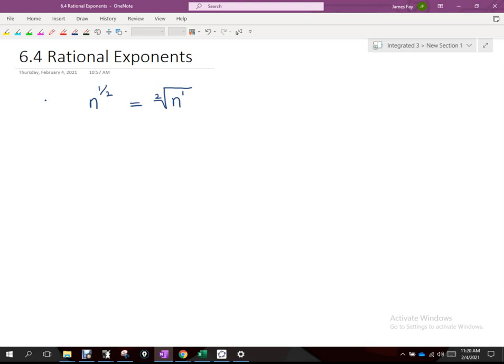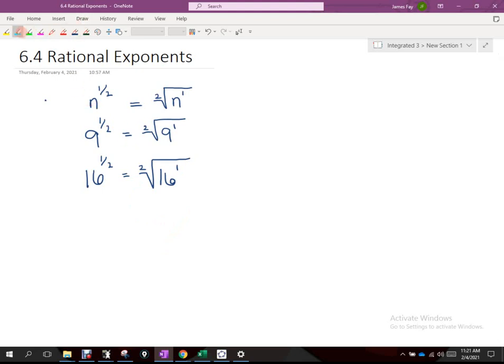Those are equivalent. So 9 raised to the 1/2 power was equal to the square root of 9 to the first. Does that make sense? We had 16 raised to the 1/2 power, that was equal to the square root of 16 to the first.